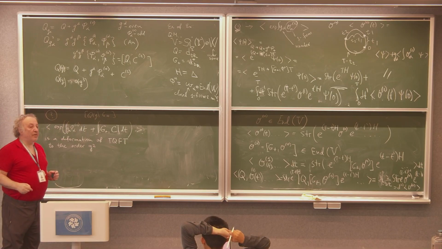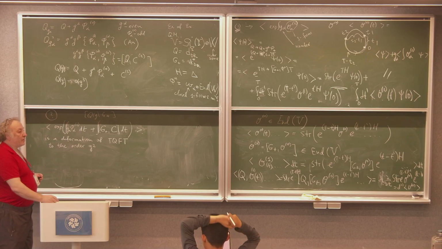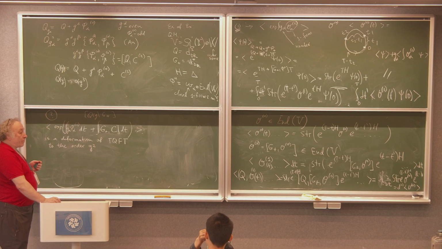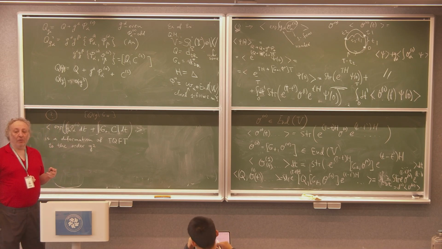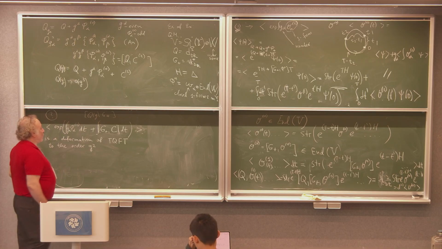But I would like to have another interpretation of this. I would like to have an interpretation of this phenomena in such terms that I could apply to topological quantum theories in arbitrary number of dimensions. So what is important here?